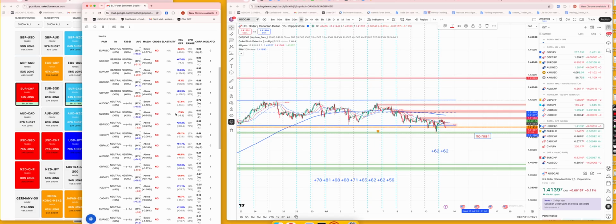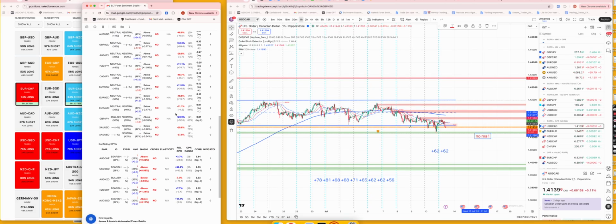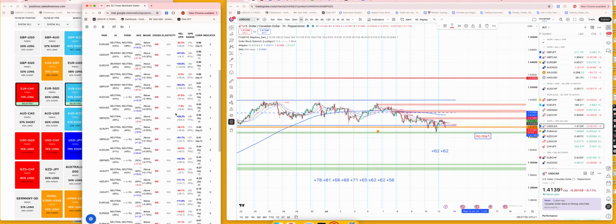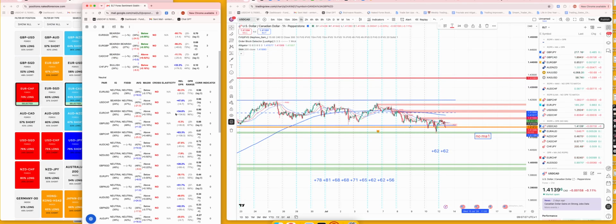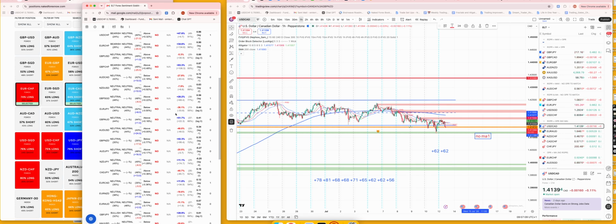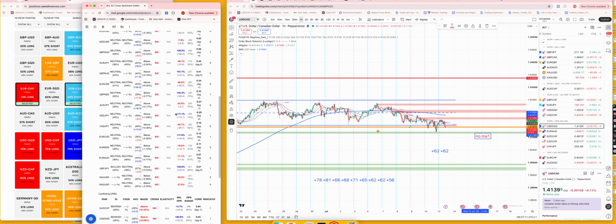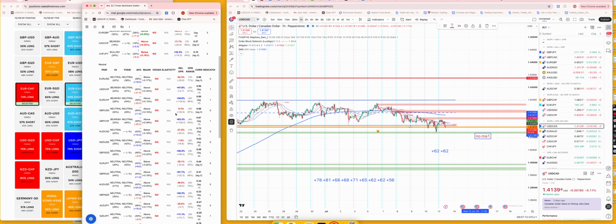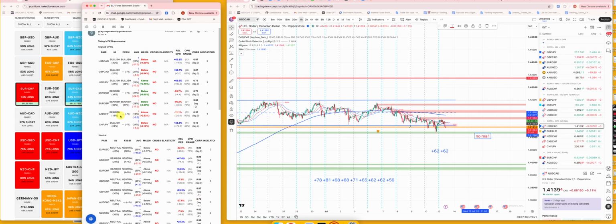CAD Swiss. Still thinking about that with the trade, that's why I can't find it. CAD Swiss, there it is. Bearish. No, we don't have any numbers on the FX SSI, so we're just bearish on IG markets, minus 11.